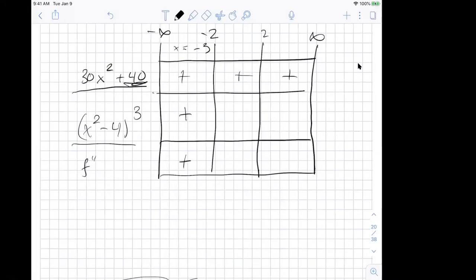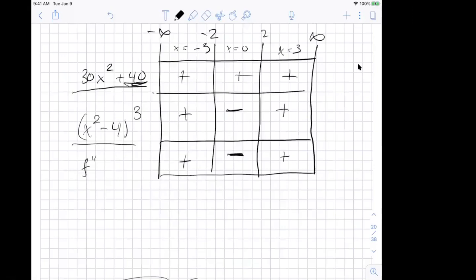What sign does (x squared minus 4) to the third have for x between negative 2 and 2? Well, let's check at x equals 0. We're going to get negative 4 to the third. What sign does that have? Negative. Very good. And over here at x equals 3, what sign does (x squared minus 4) to the third have? Positive.